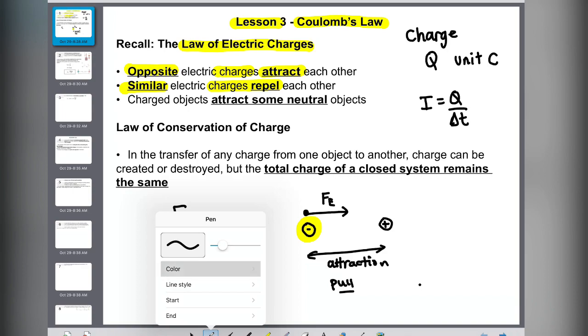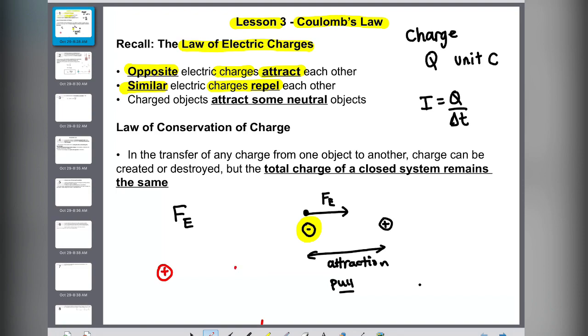Vice versa, if I change the situation and I have a positive charge and then another positive charge, what are the forces acting on this? I know that they are like charges and like charges repel. When they're repelling, there's going to be a push against each other, away from each other.